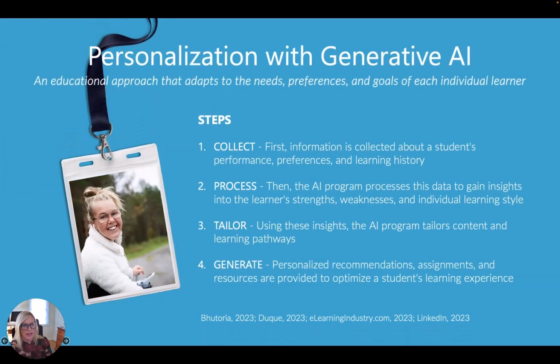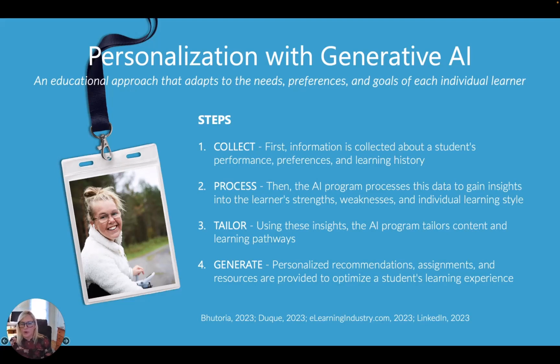Personalization with generative AI, especially from the learner aspect, is so interesting, and I thought it would be good to go through the steps used in generative AI tools to really personalize learning. So first, Gen AI collects information about a student's performance, preferences, and learning history. So the more you use a generative AI tool, the more it learns about you or about the learner.